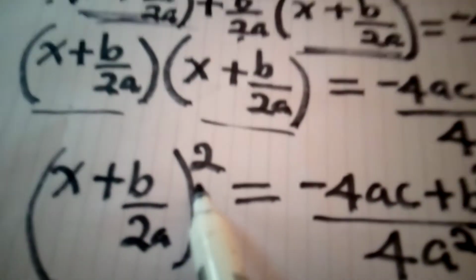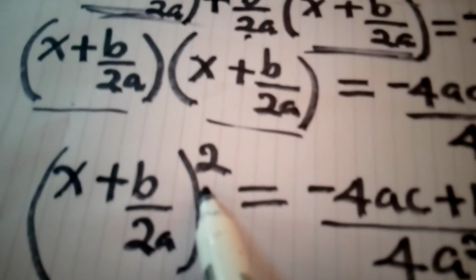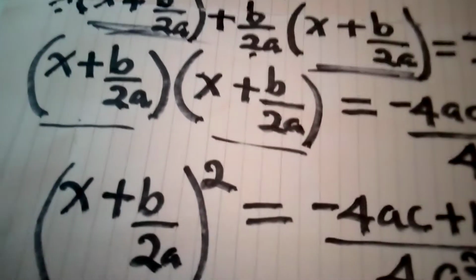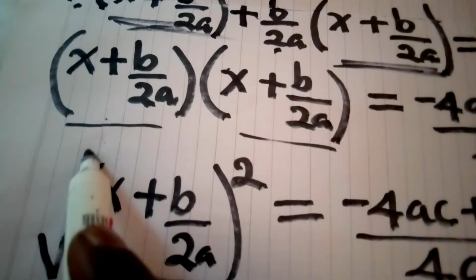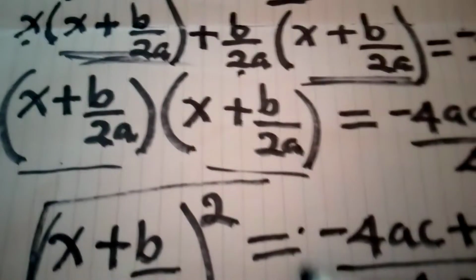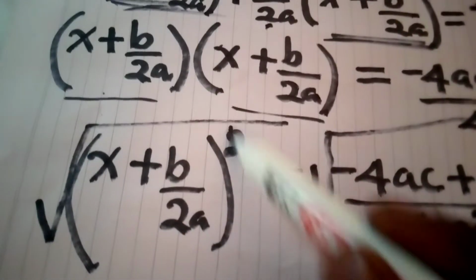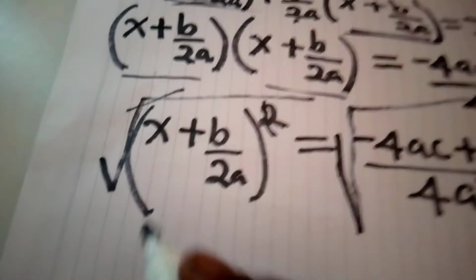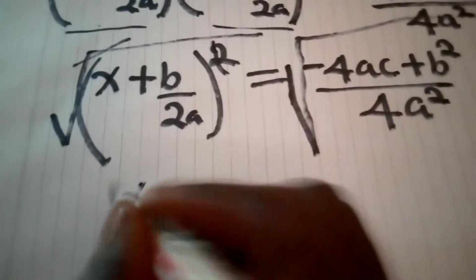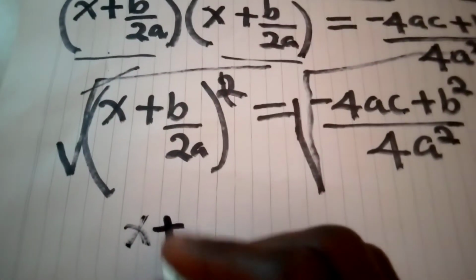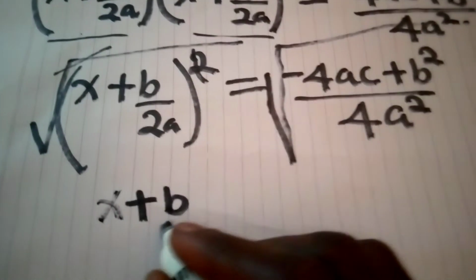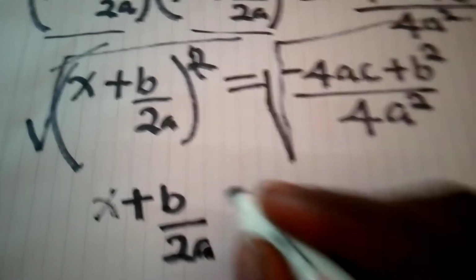Then after, because when you look at this one, we have the square. So which means we have to remove away the square from the left hand side by getting the square root on both sides. So you have to get the square root both sides of the equation. When you get the square root, this one will have to move with this. Then what you will remain with will be x plus b all over 2a, then giving us the square root there.